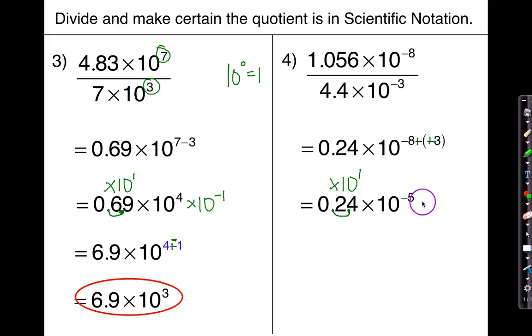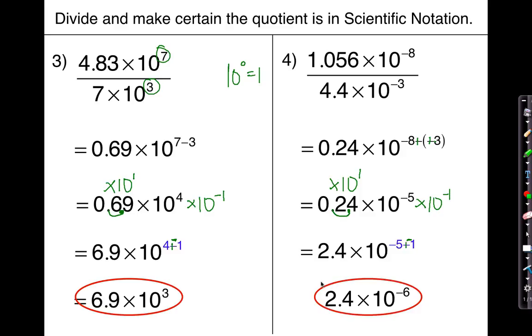And to even things out, we're going to multiply this part by 10 to the negative 1st. So here, that's going to leave us with 2.4 times 10 to the negative 5th plus negative 1, which of course would leave us with 2.4 times 10 to the negative 6. Now I can circle my answer because my coefficient does fall within the correct range of between 1 and 10.